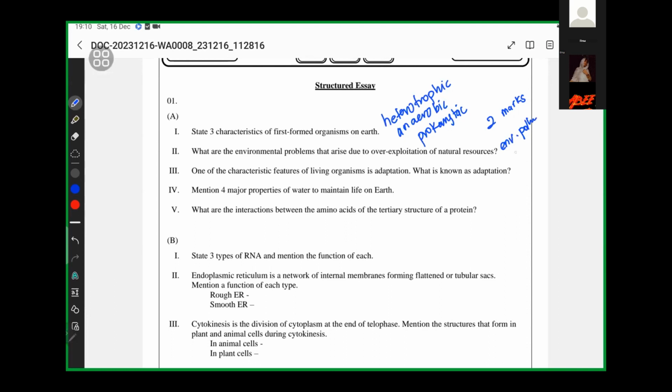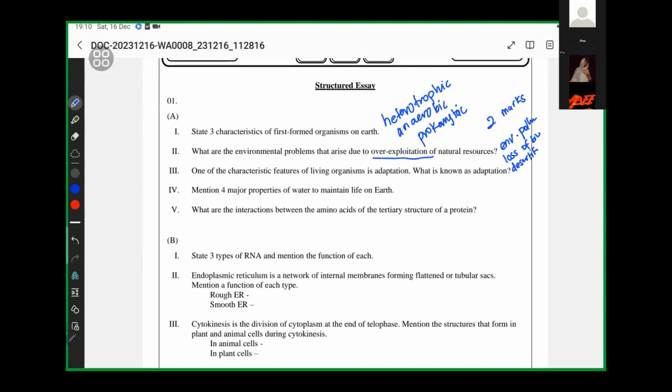The second one is loss of biodiversity. And the third one is desertification. If we use the natural resources in an extreme way, we'll have all these problems.